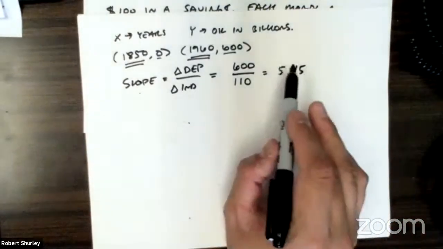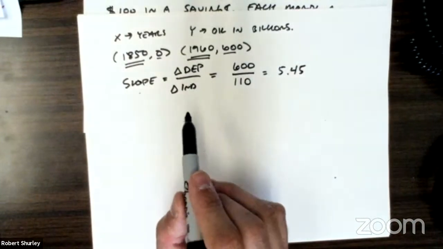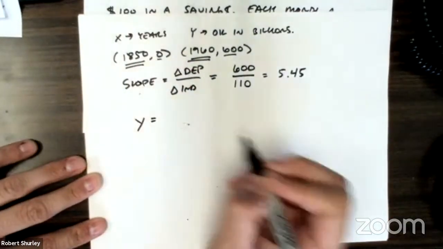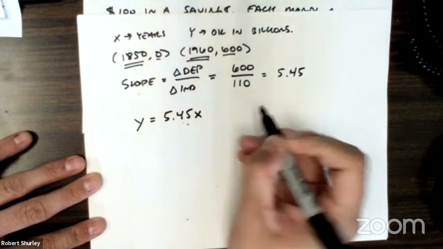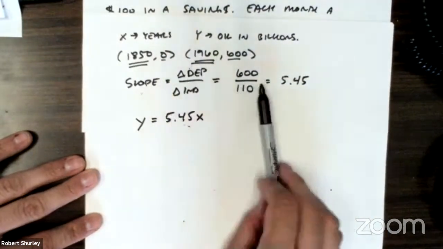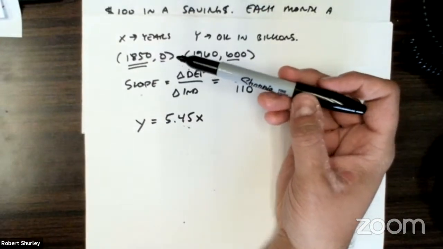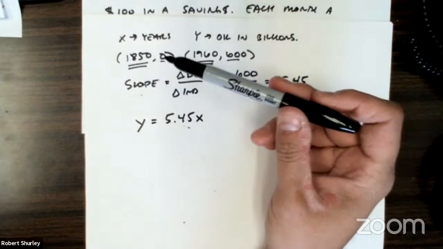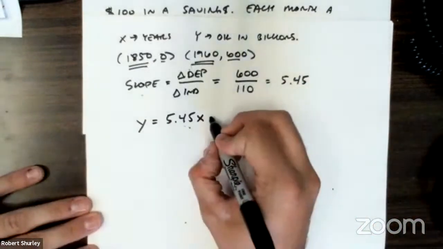Now, let's go back to that equation for the linear model. Your book uses the slope-intercept form, so y equals our slope, 5.5x. Now, we don't know our initial b value. We don't know the initial y value when x is 0, so when time is 0, which is kind of goofy here.